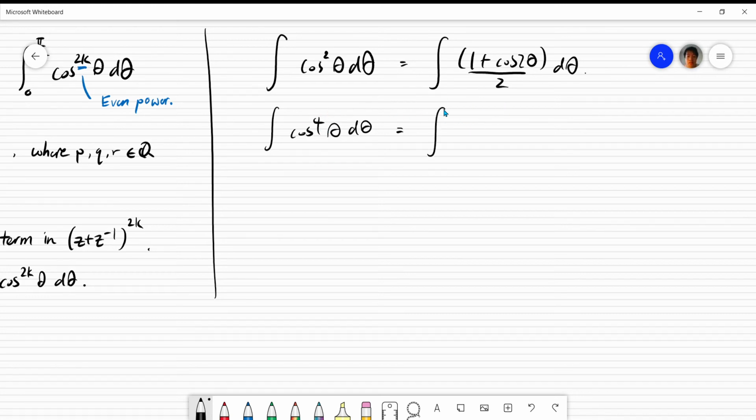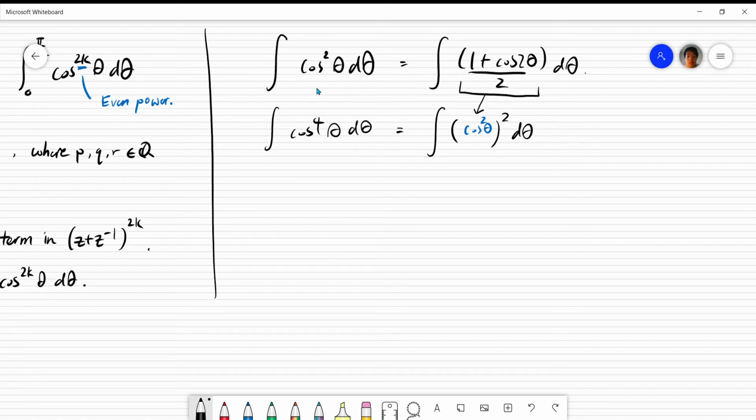So this is equal to cosine squared, and then we're going to square it. And what you would do is substitute in the power reducing formula for cosine squared into this formula, and you can work out the integral from there.